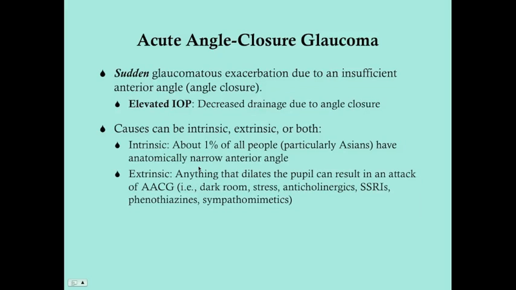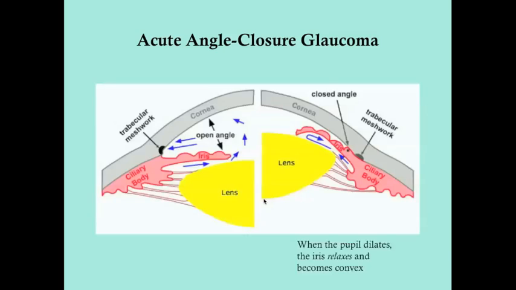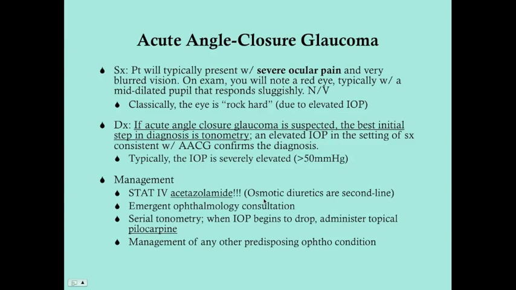And so things that can cause this: being in a dim lit room, stress. Why? That activates your sympathetic nervous system. Sympathetic nervous system will inhibit your sphincter pupillae muscle. Anticholinergics, pretty much the same reason, works against acetylcholine. So that would be like the drugs that they give you to dilate your eye, to do an eye exam.